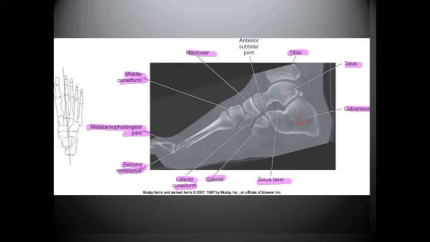Here we're going through the second metatarsal, and we have calcaneus, talus, navicular, cuboid. That brings us to the medial cuneiform and the intermediate or lateral cuneiform.